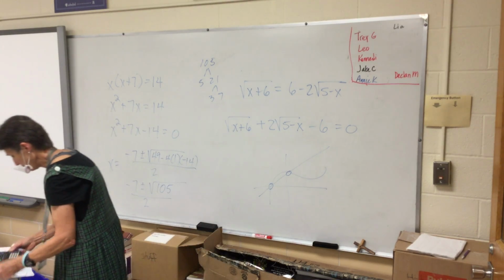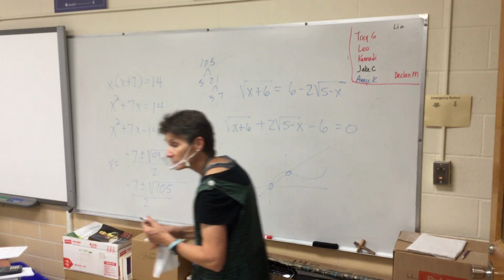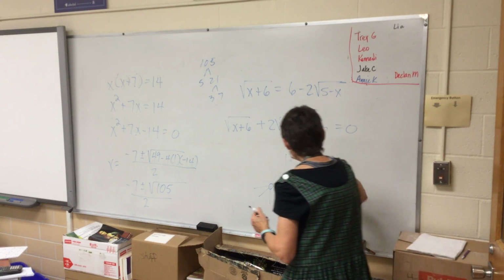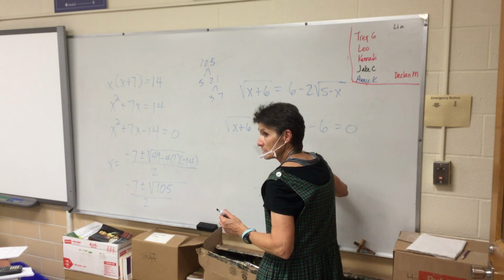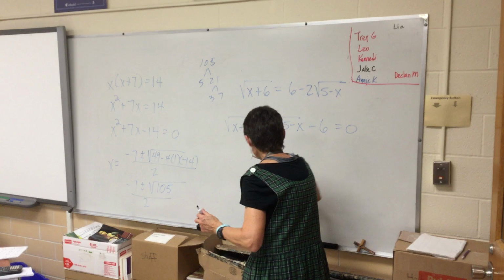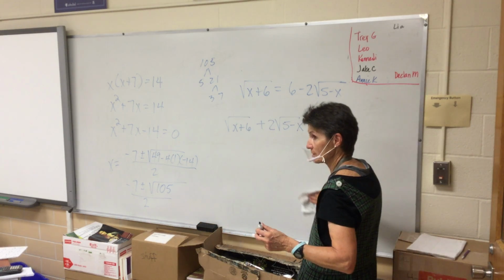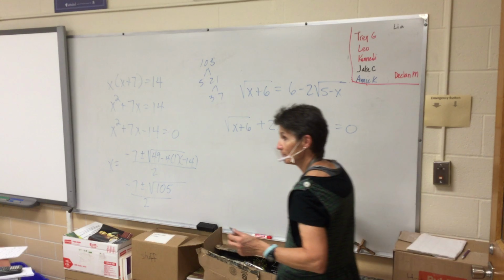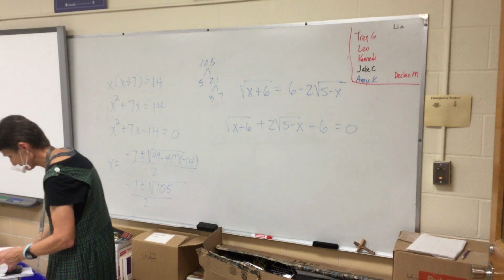I did it with intersect. Did anybody do it finding zeros? Okay, it looks like I only have one point of intersection. Do you only have one zero? Okay, let's make sure we all get the same answer then.